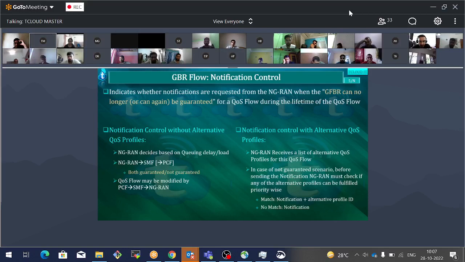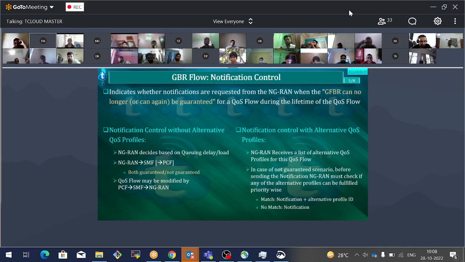So the gNode B considers the present situation: what's going on, how many quality of service flows are going on for how many subscribers. It also has to consider what ARP values this incoming quality of service flow request contains. Can it preempt the others or not?